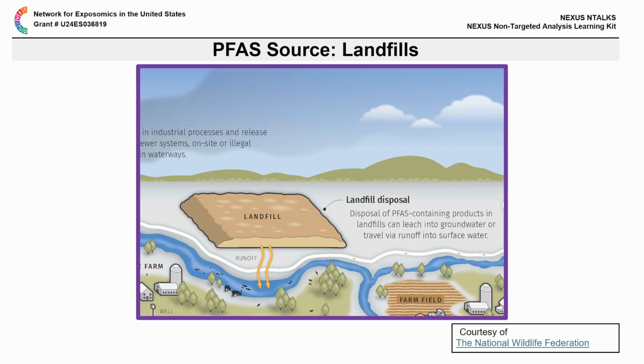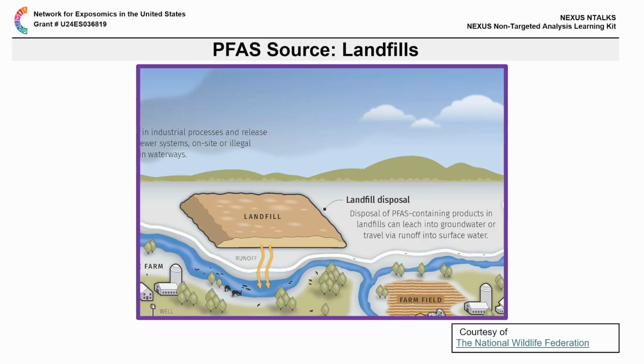Another source of PFAS is landfills. So landfills, as we talked about, consumer products are of high levels of PFAS, and landfills are going to contain this large diversity of PFAS molecules. Now, these PFAS molecules are going to leach from those consumer products in the landfills into leachate, which is just garbage juice.